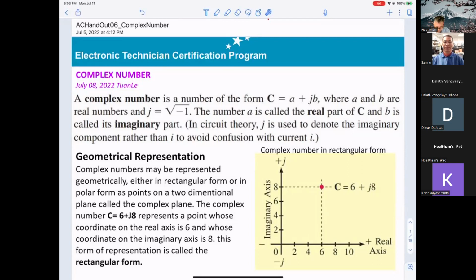So first thing, a complex number. A complex number has the form C equals A plus JB. That's just a formula, where A and B are real numbers, and J, by definition, equals the square root of -1.